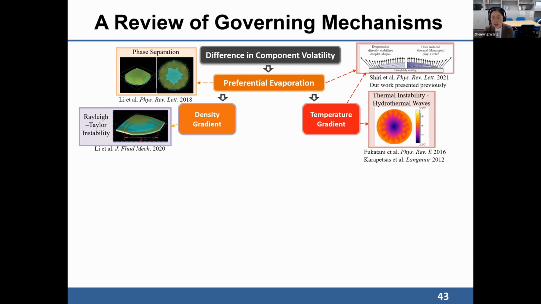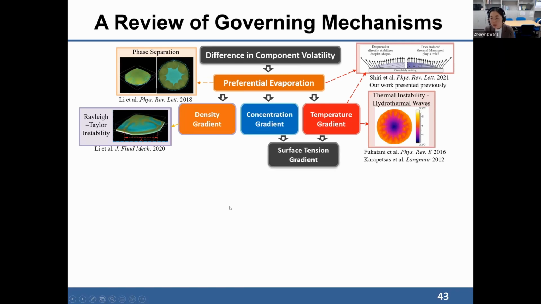And also, besides the temperature gradient, this preferential evaporation of the highly volatile solvent will also cause a density gradient, which sometimes will induce a Rayleigh-Taylor instability, which is also reported here in this work.